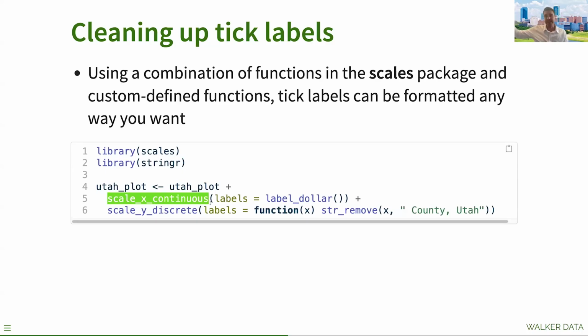I'm saying I want a continuous x-axis that I can customize. I can say I want the labels to use this label_dollar function from the scales package, which will give me nice looking dollar formatted labels. Or I can define my own function where basically you say, I want the axis labels to be, and let me just translate this for you.